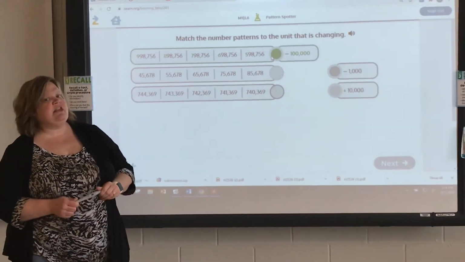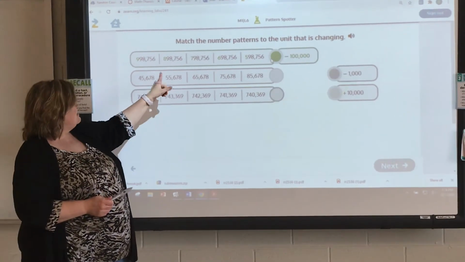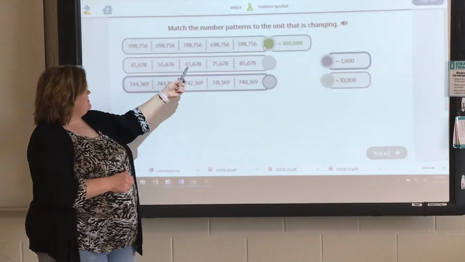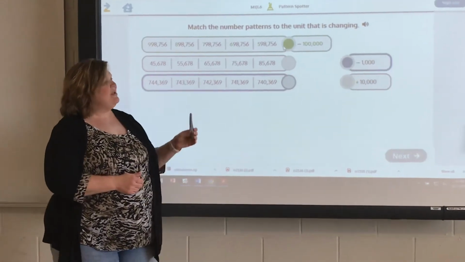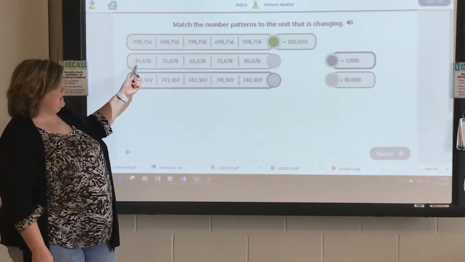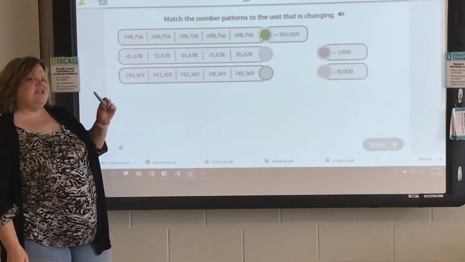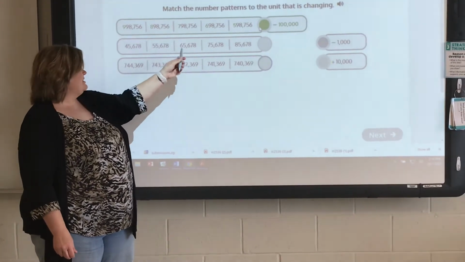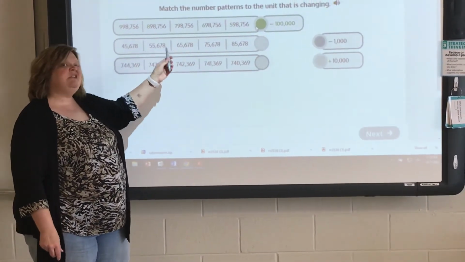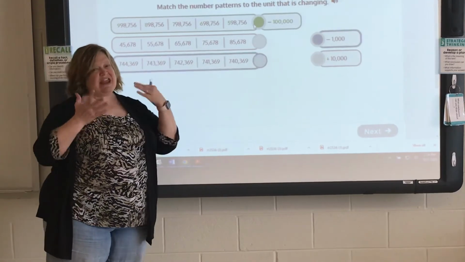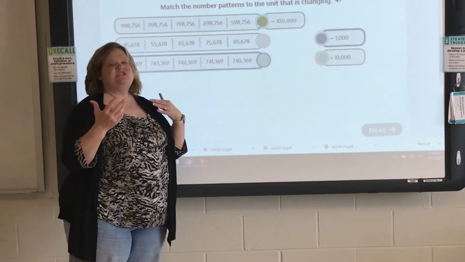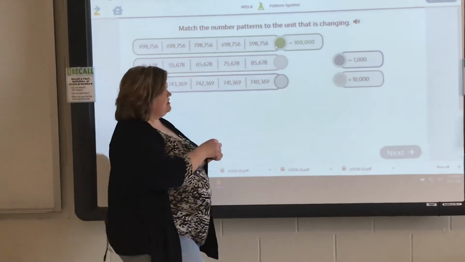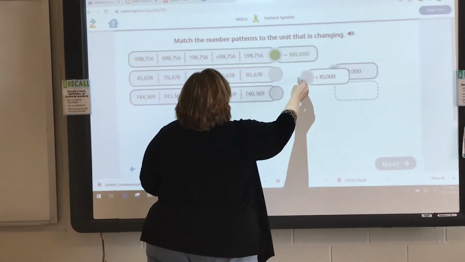If you were saying that number out loud, you would know that the 678 has not changed one time. And neither has the 5 in the thousands place. The place that has changed is the 10 thousands. It's gone from 4 to 5 to 6, or 40,000, 50,000, 60,000, 70,000. So you kind of have to think about your numbers that way so you can remember that it's 10,000 and not just a 1. So this is increasing by 10,000.